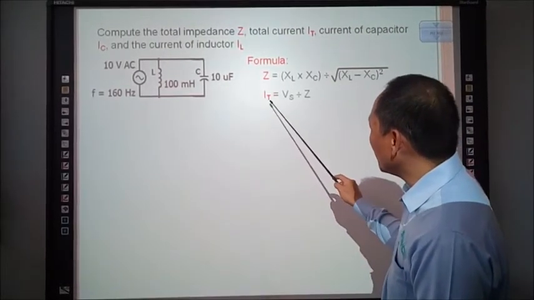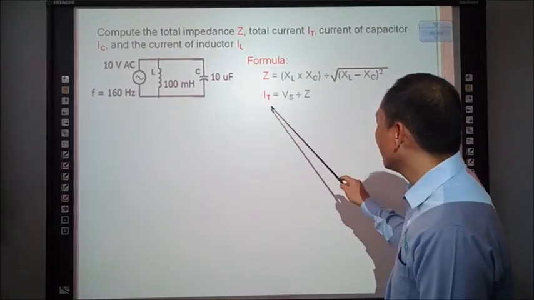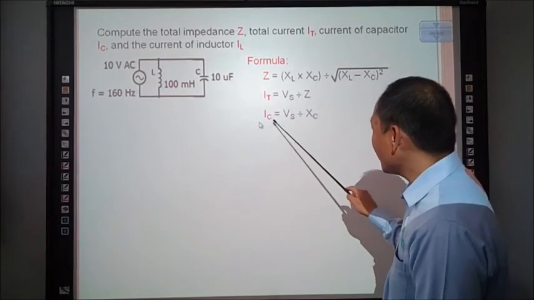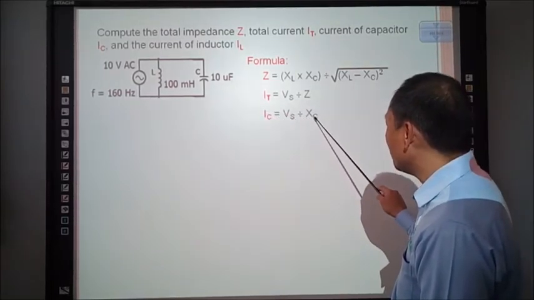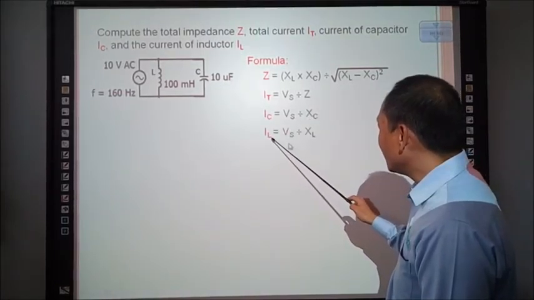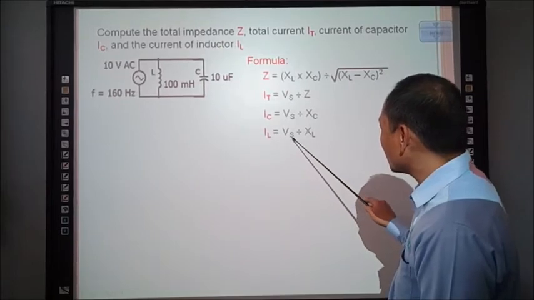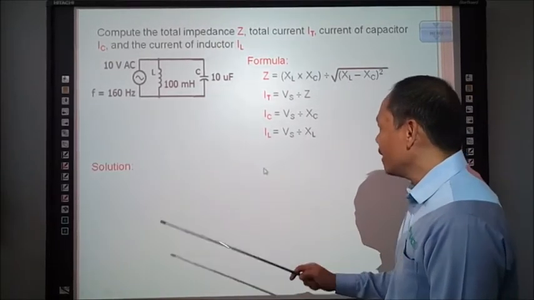Then the formula of IT is equal to the source voltage divided by Z. Then IC, or capacitor current, is equal to source voltage divided by XC. Then IL, or inductor current, is equal to source voltage divided by XL.